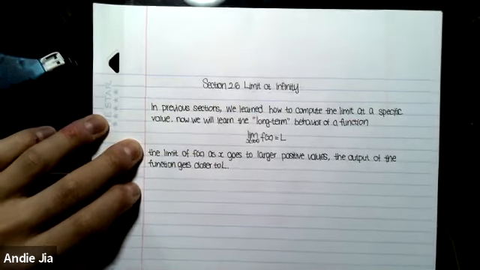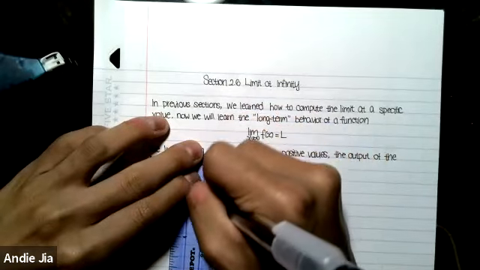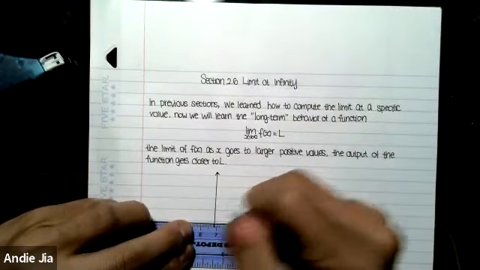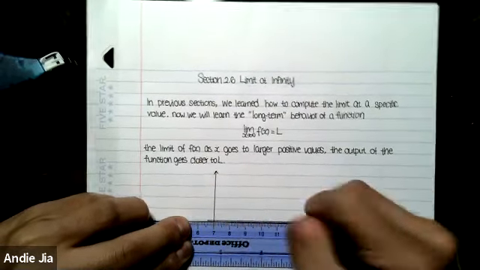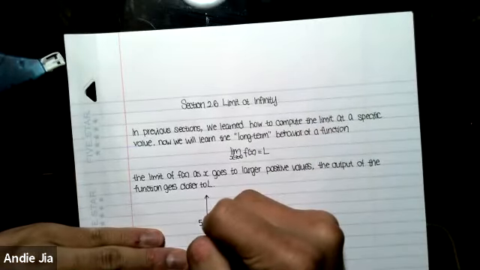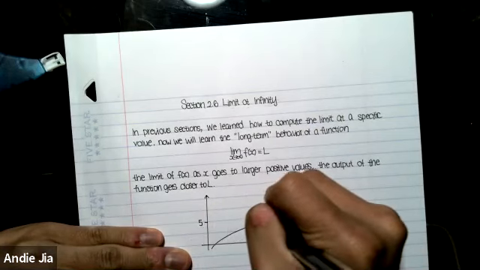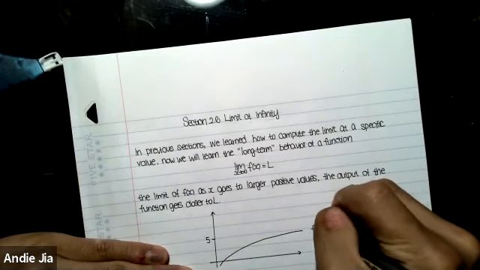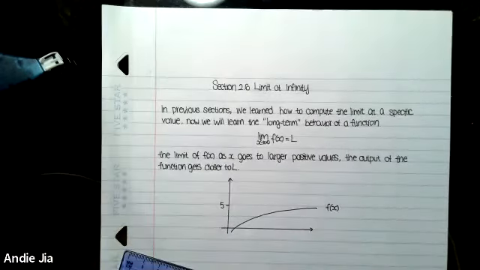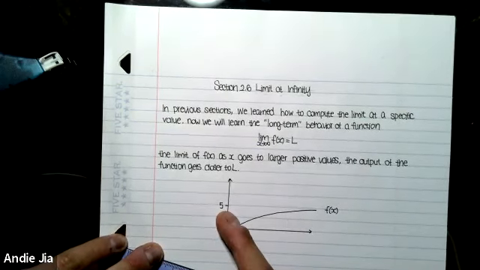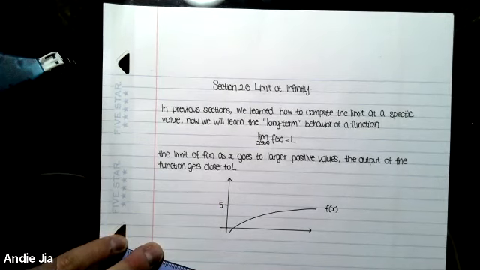So for example, let's do a visual here. You can see as x goes arbitrarily large, the value gets near 5.